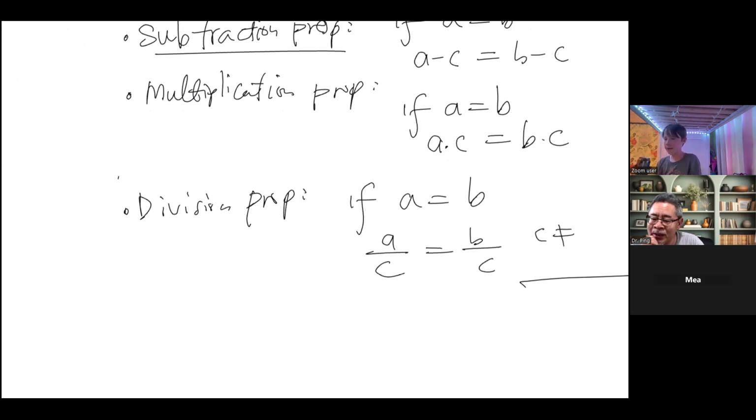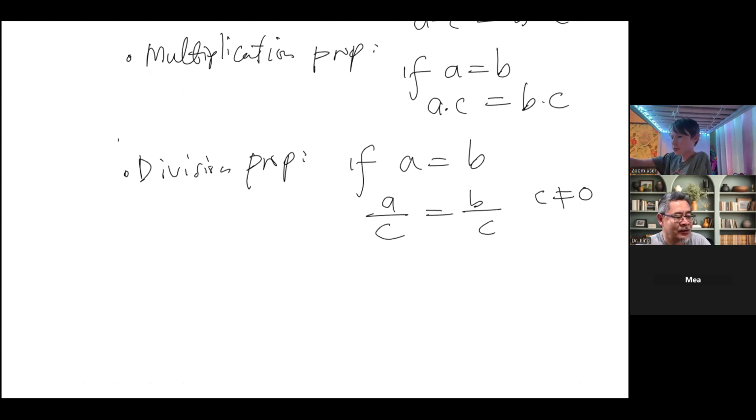Because remember we said we don't divide by 0. We call that undefined. It's something we leave until we get into either junior year or senior year when we're learning calculus.